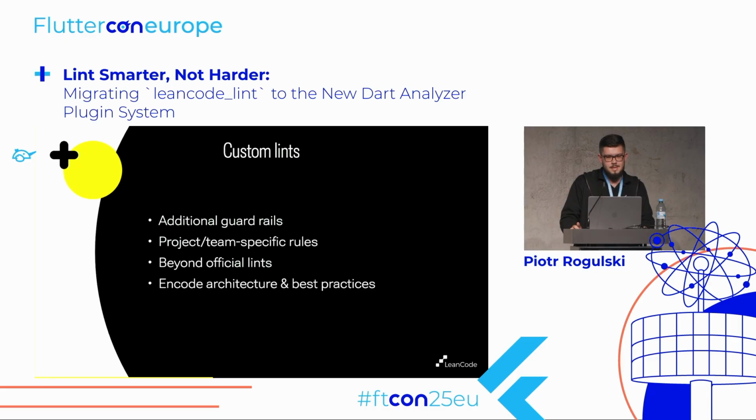So custom lints allow you to encode those additional guidelines so that they are all also automated.